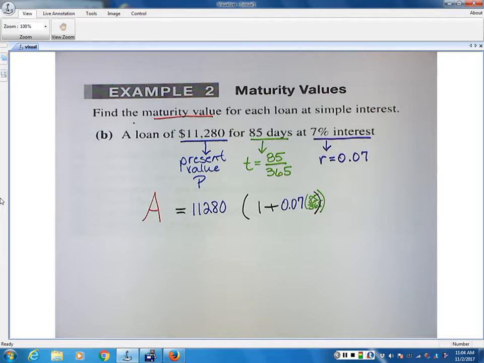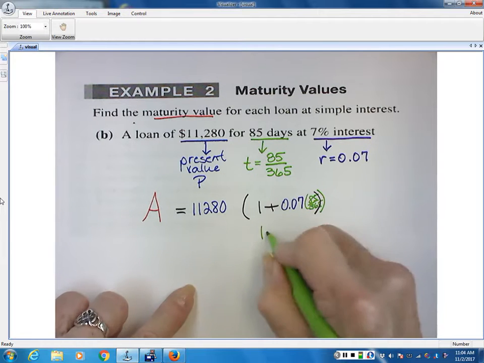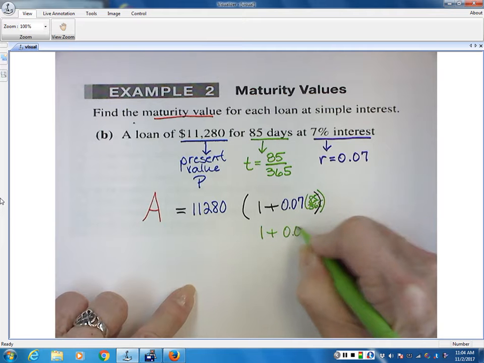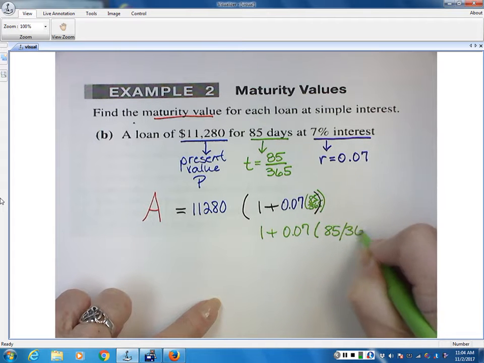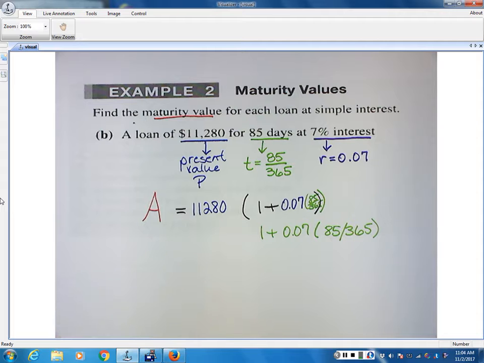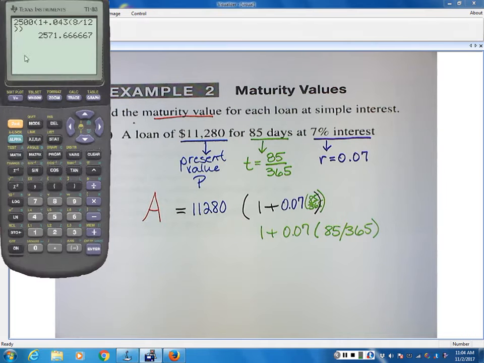And on the calculator, this is always going to be written out as 1 plus 0.07, and then it's 85 divided by your 365. I try to always give you the calculator steps so that you'll get your parentheses in the right place. So $11,280 times 1 plus 0.07, the interest rate, times 85 over 365.